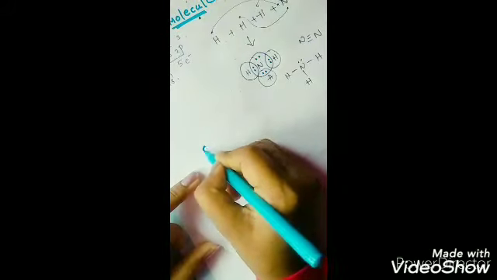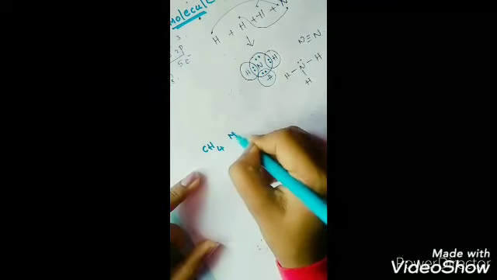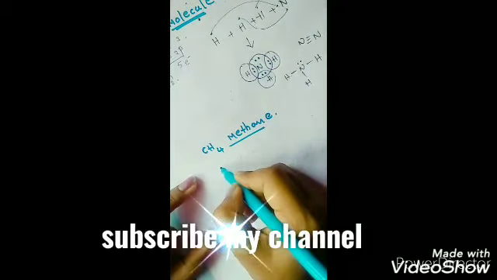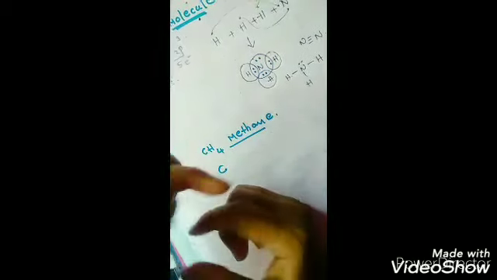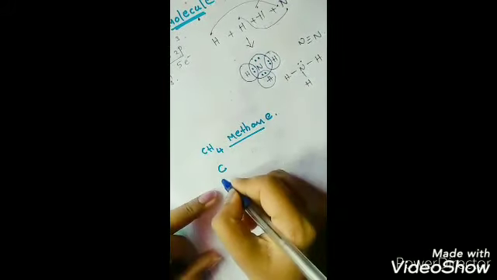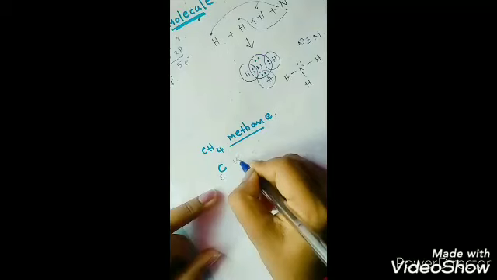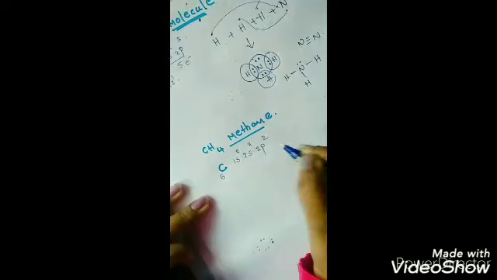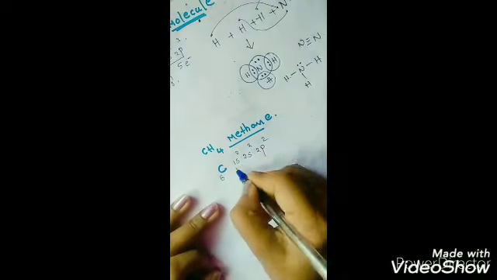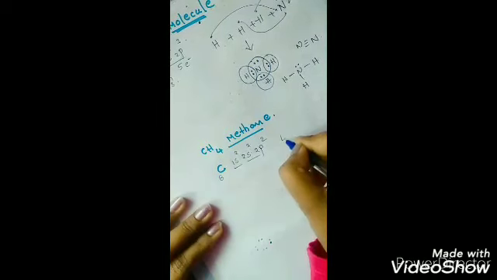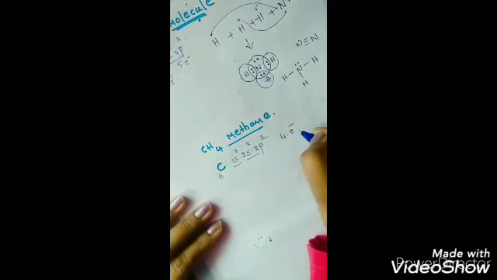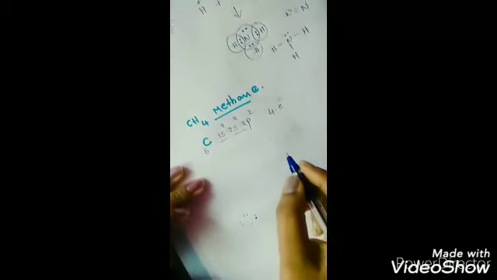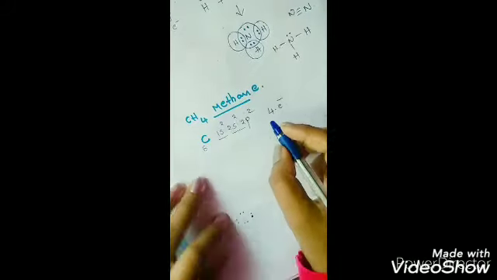The next example is the formation of the methane molecule, CH4. Here, carbon and hydrogen. The carbon atomic number is 6. The configuration is 1s2, 2s2, 2p2. These are the 6 electrons. Carbon has only 4 electrons in its valency shell. That means carbon needs to form 4 bonds.